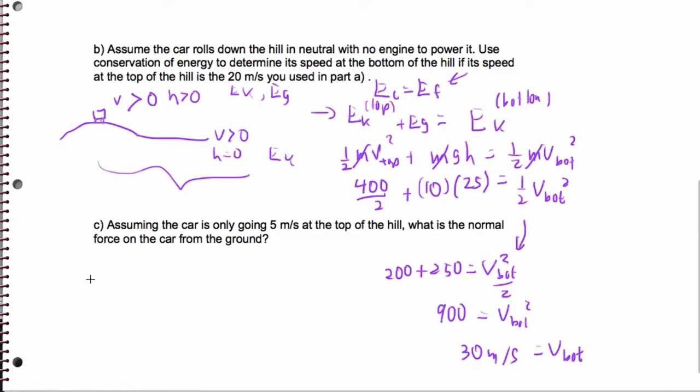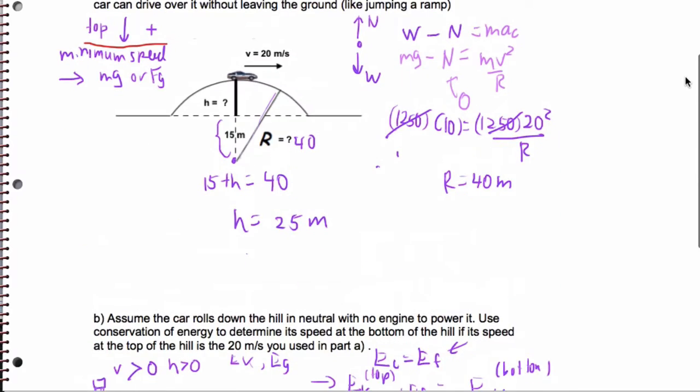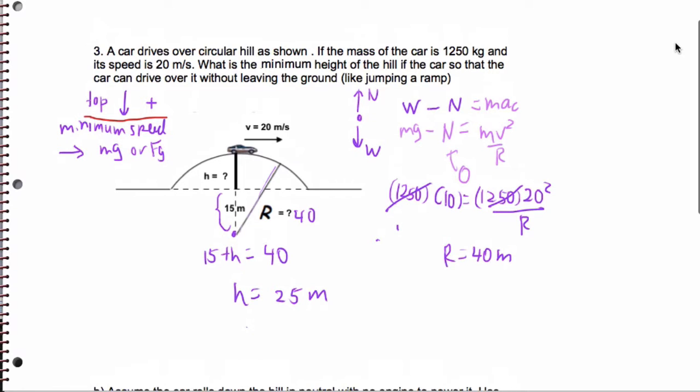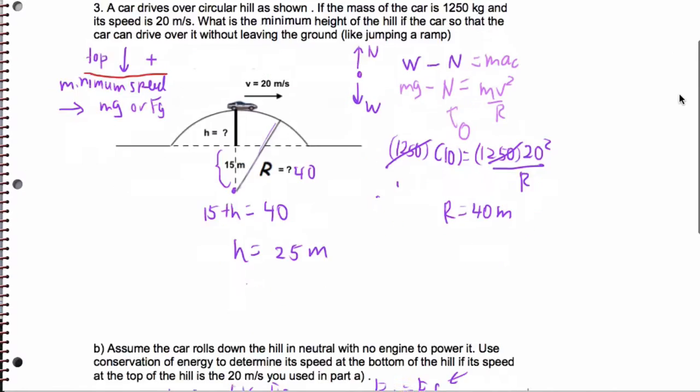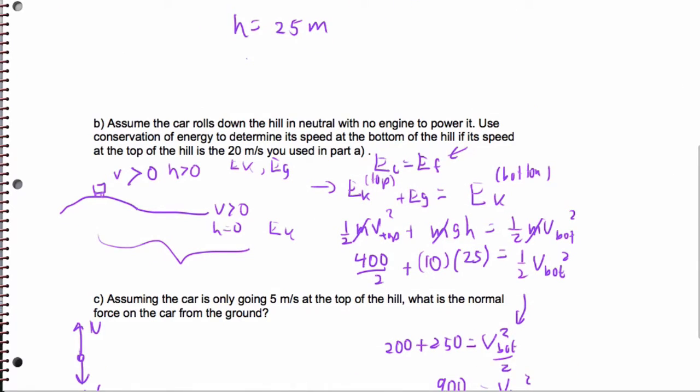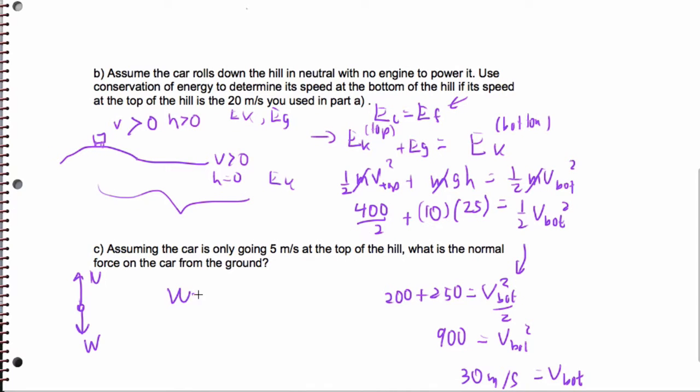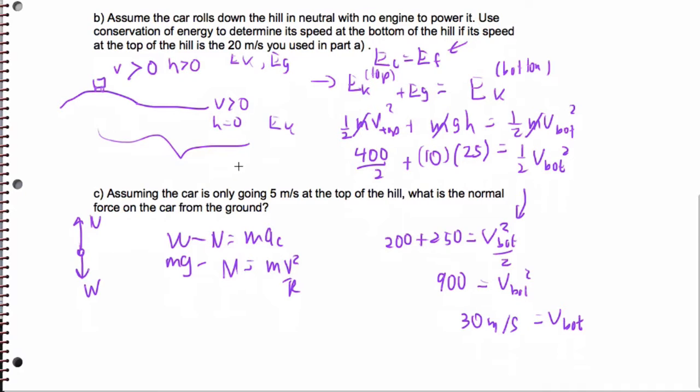Now, if the car is only going 5 meters per second at the top of the hill, we want to know what the normal force is in the car from the ground, so let's set this up. We've got normal going up, weight going down, and we go back to the solution that we used in the first part. So we have weight minus normal equals ma. So we have mg minus n equals mv squared over r. Let's keep going here. Remember, the radius is 40, which we got from before.